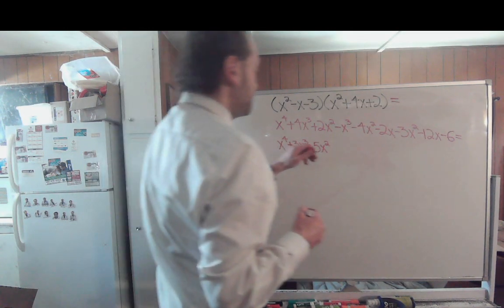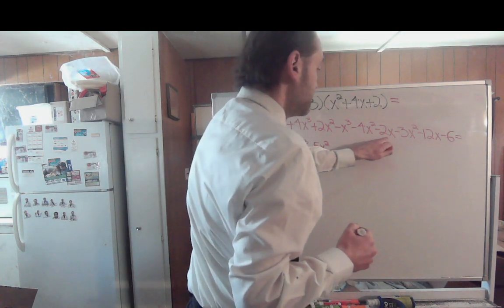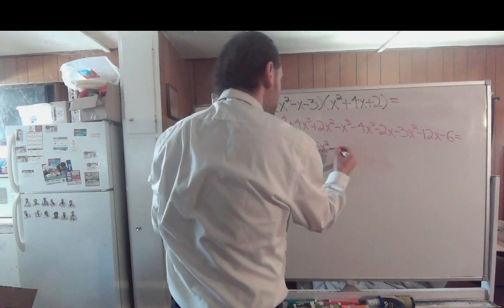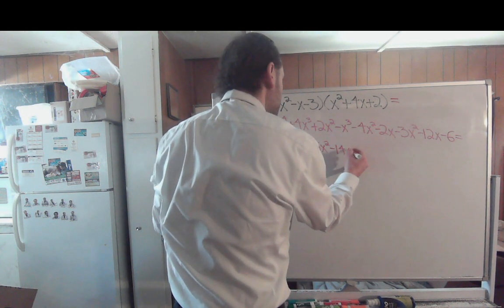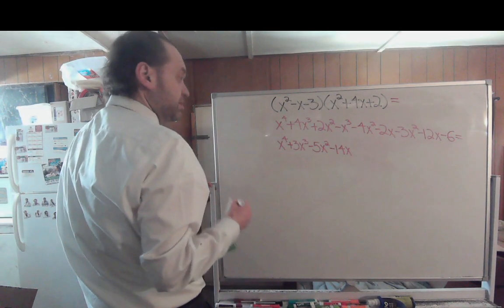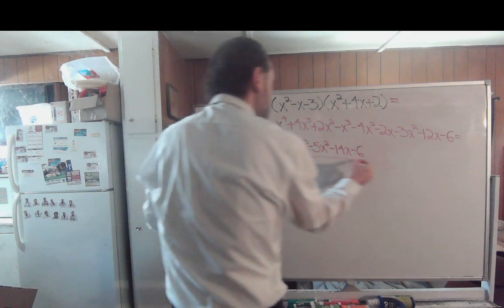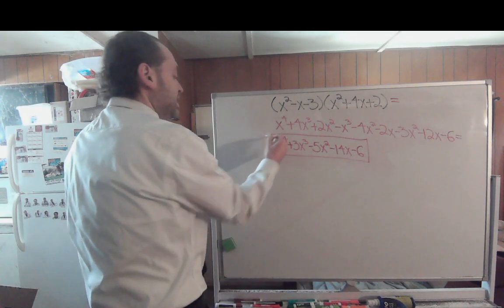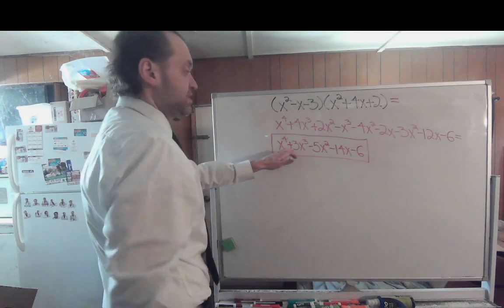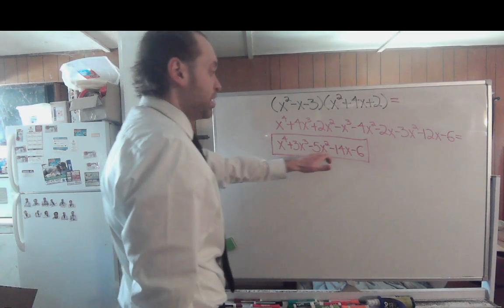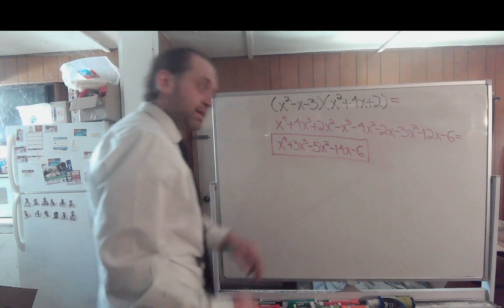Alright, then you have, let's see, negative 2x minus 12x, that's minus 14x. Then you would end up having, of course, your constant of negative 6, so minus 6. So this should all simplify into x to the fourth plus 3x to the third minus 5x squared minus 14x minus 6.